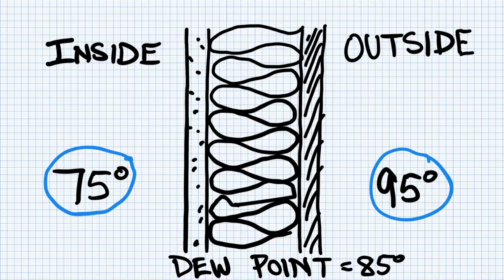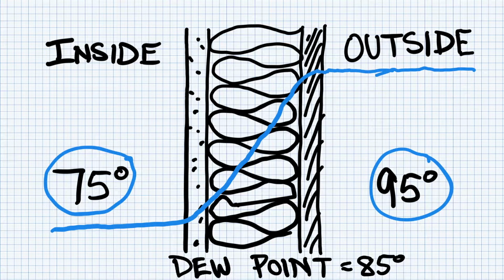Now, on a typical wall with an R19 batt insulation in the cavity, what would happen is this temperature of 95 degrees would start out on the outside. Now, as it crosses through the wall, that temperature will plummet down to the 75 degrees on the inside.